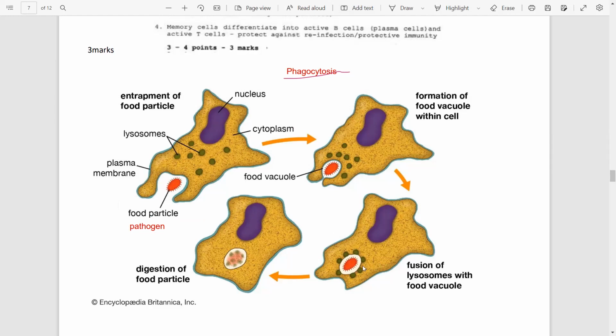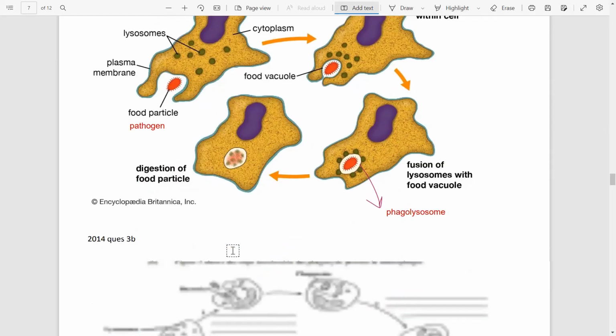Eventually, the lysosomes are going to fuse with this vacuole, and it will be called a phagolysosome. So when the pathogen is in a vacuole that has lysosomes around it, it's called a phagolysosome. And then when the lysosomes release the digestive enzymes, it will destroy the pathogen, right? So those are the key steps of phagocytosis.